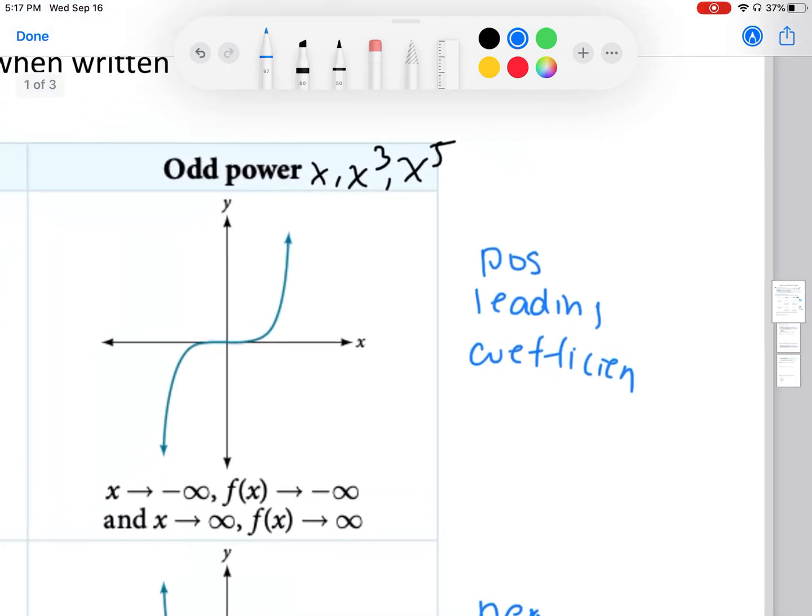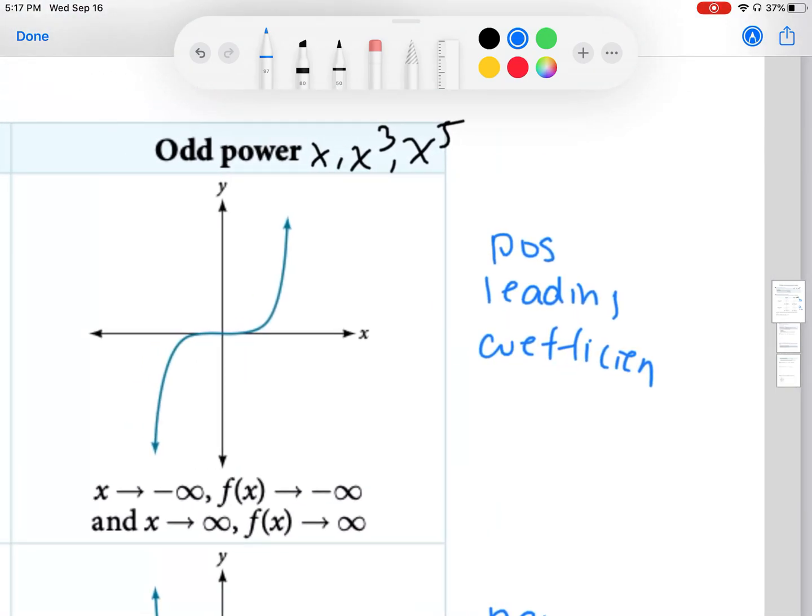Let's look at an odd powered function with a positive leading coefficient. Our leftmost side should be pointing down, and our rightmost side should be pointing up.